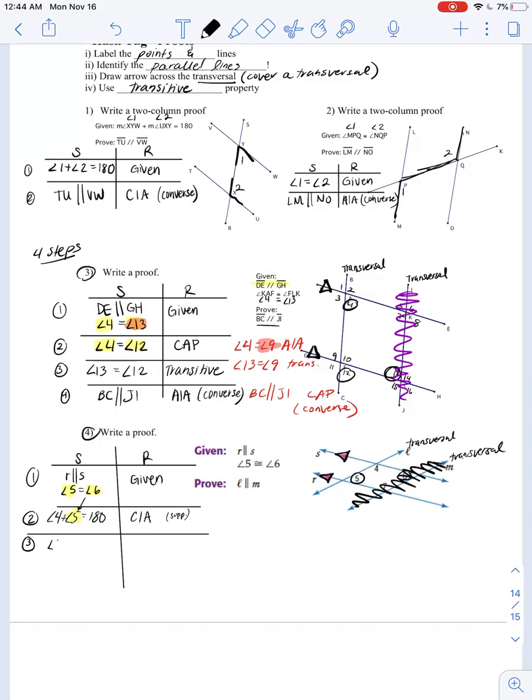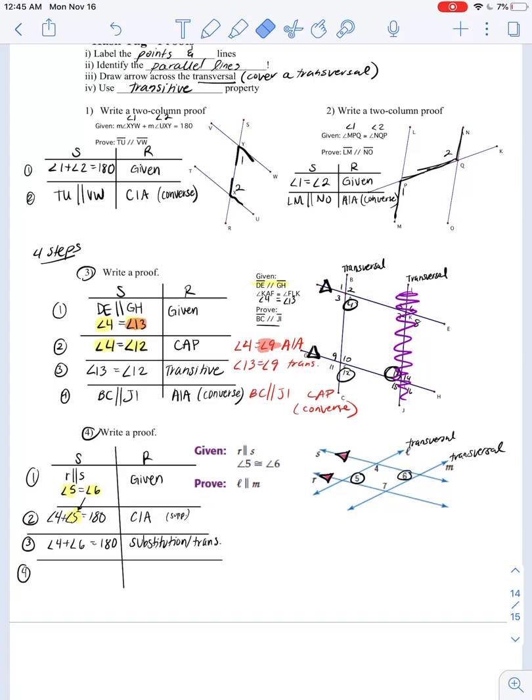So angle 5 is equal to angle 6. So we're going to substitute in angle 6 for angle 5. So I just replaced angle 5 with angle 6. That was just substitution. Or again, transitive is fine too.